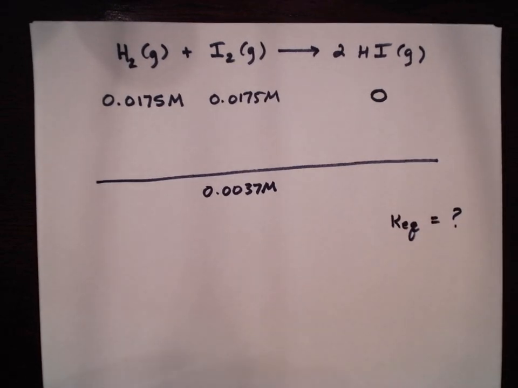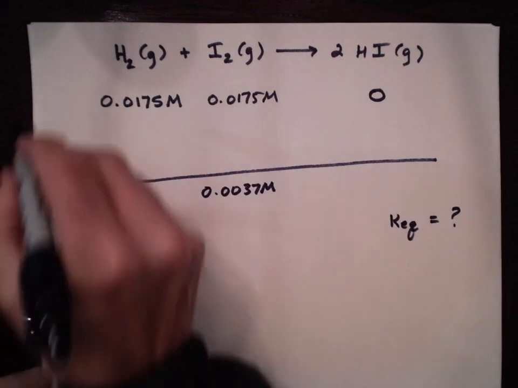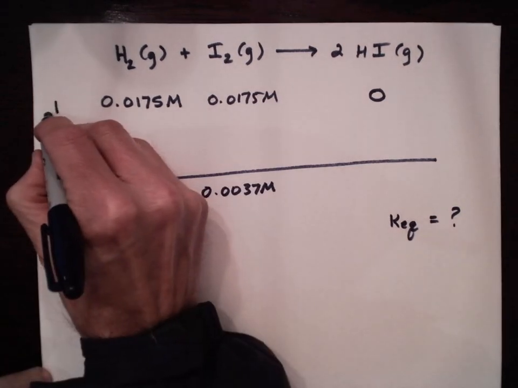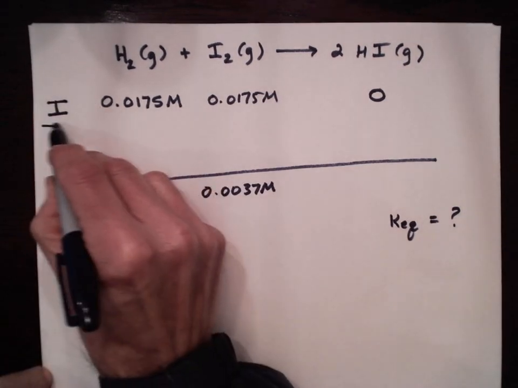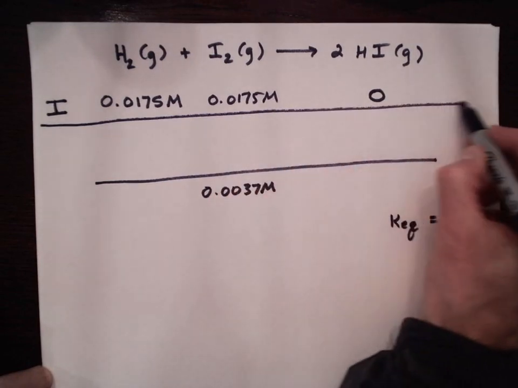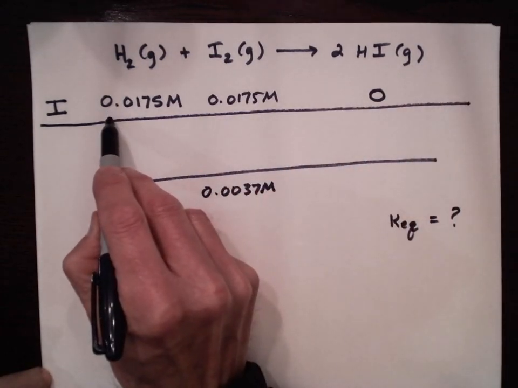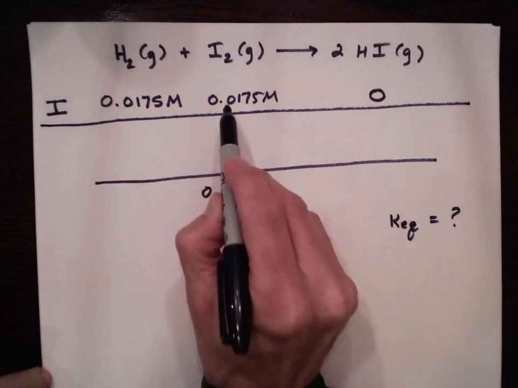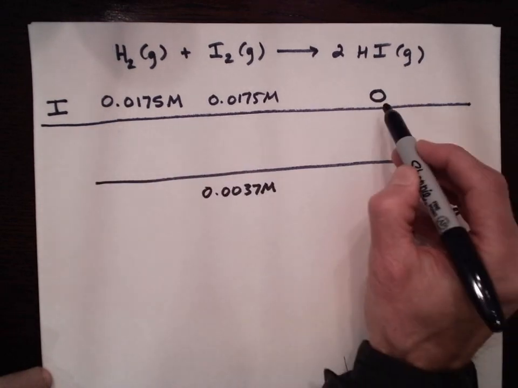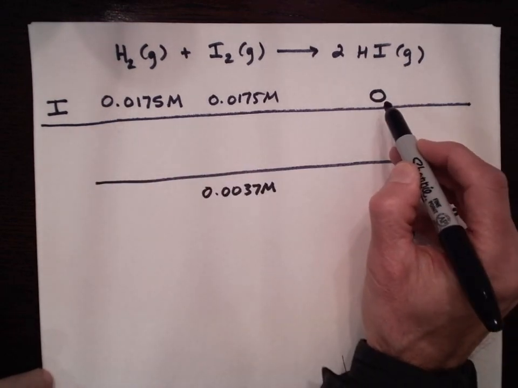Now, the way we're going to organize our thoughts is we're going to keep track of the initial conditions, which I've stated here with an I. So the initial conditions are 0.0175 molar of both hydrogen gas and iodine gas, and no hydrogen iodide.